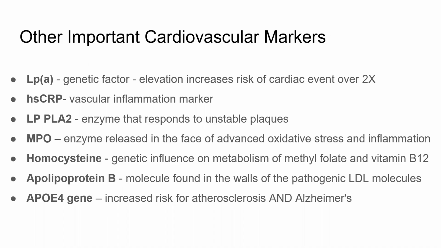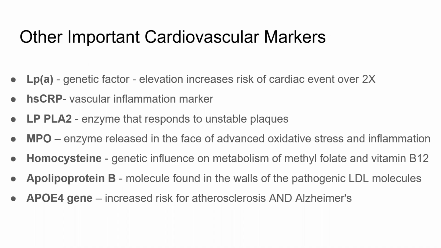CRP, HSCRP is a vascular inflammatory marker. It's general, and if you twist your ankle, your CRP is going to go up, but then it's going to come back down, and that's okay. But when we see moderate elevations over a long time, that means there's more inflammation in the body, and that inflammation is in the blood vessels, and those blood vessels are getting damaged, and we know what happens after that.